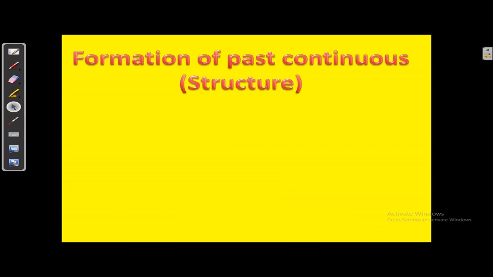Now moving further, how to form the past continuous tense. We're going to talk about that structure. I'm not talking about the definition of the past continuous tense, because when we talk about the use of the past continuous, then definitely we're going to learn what the meaning of past continuous is. But the basic meaning, before moving further, is that it is made from past plus continuous plus tense.